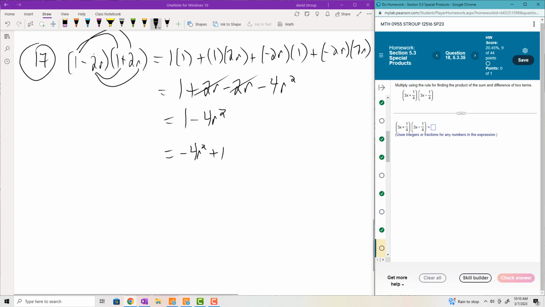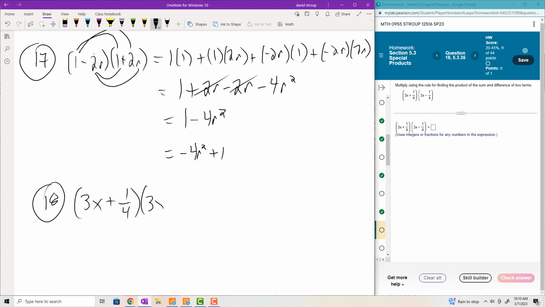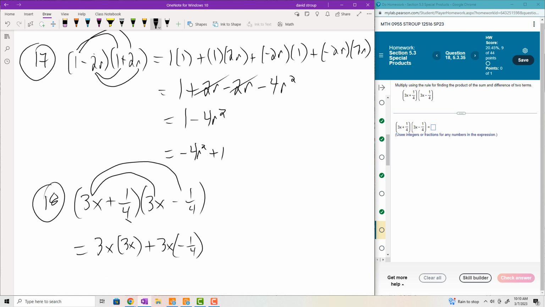All right, got some fractions, so we can handle those, no big deal. Let's try the fraction problem. So I have number 18, 3x plus 1/4 times 3x minus 1/4. So the first, 3x times 3x, the outer plus 3x times negative 1/4, the inner plus 1/4 times 3x, then the last plus 1/4 times negative 1/4.